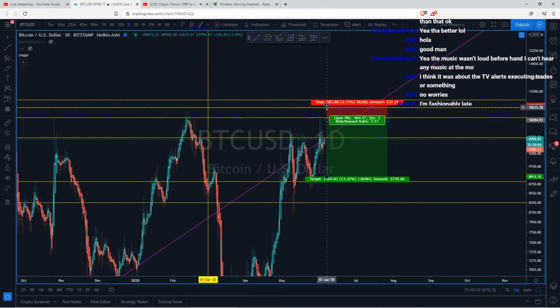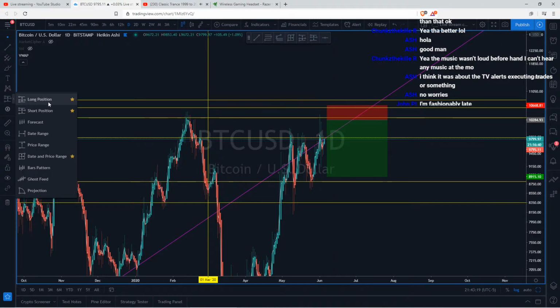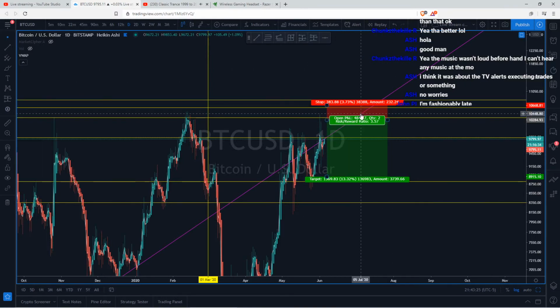This tool right here, the long and short tool, which is over here, got a long position and a short position. This tool right here, see right here where it says 3.73, it gives you the percentage away from whatever entry you're planning on putting your stop loss. And that is the key number that seems to confuse people about the spreadsheet.